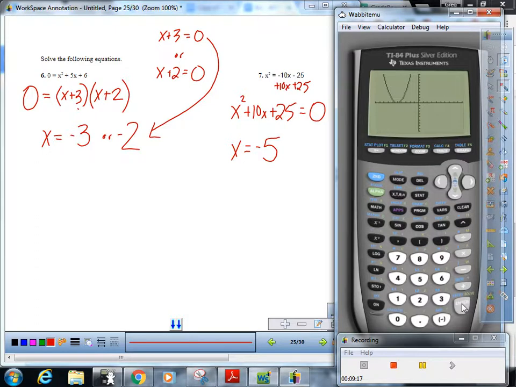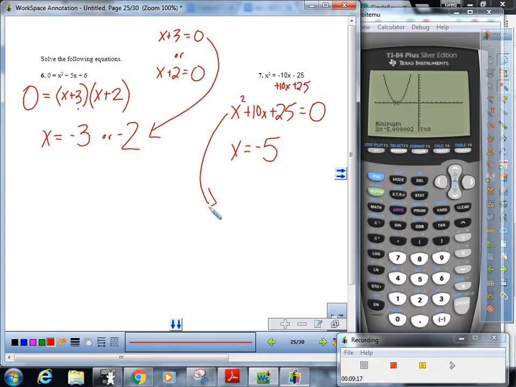Okay? If you're wondering, why is there one answer sometimes and two answers other times? It's because how many times is it hitting the axis? And so let me explain this one to you mathematically. If you took this thing and factored it, I need two numbers that multiply to be 25 and add to be 10. What are those? 5 and 5.